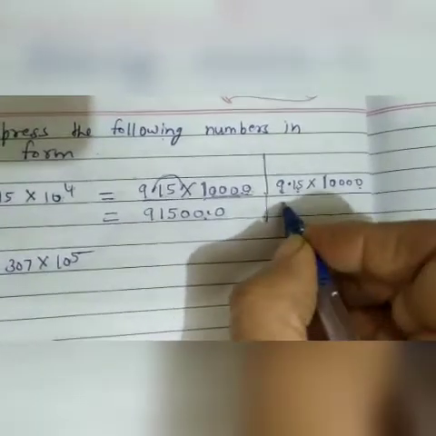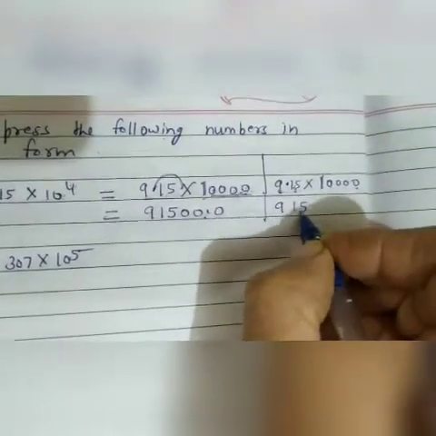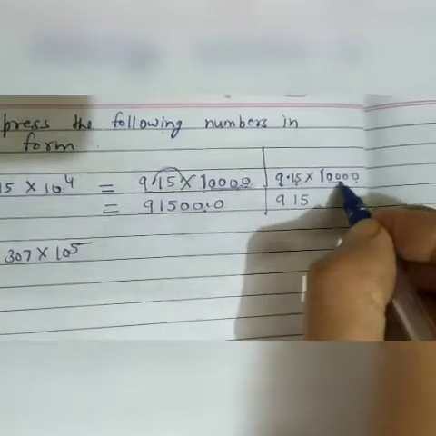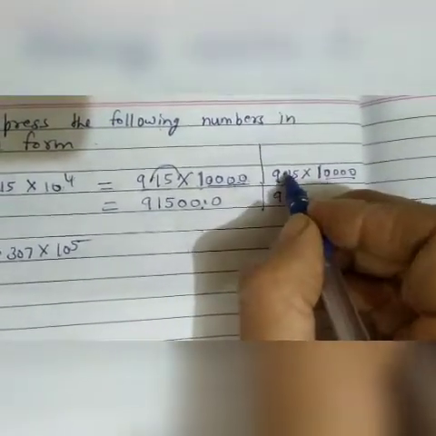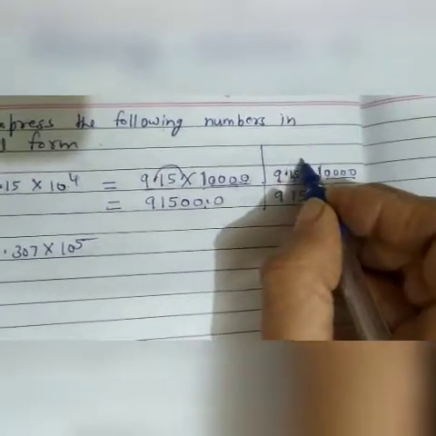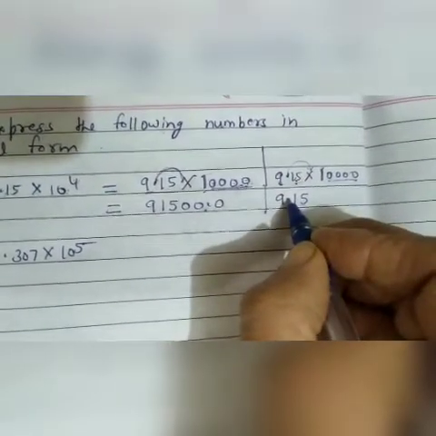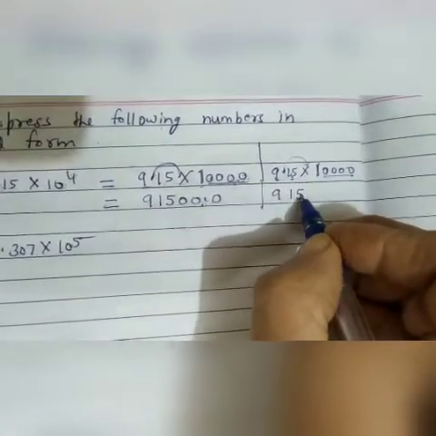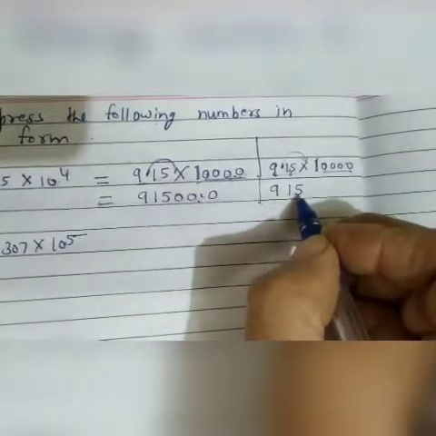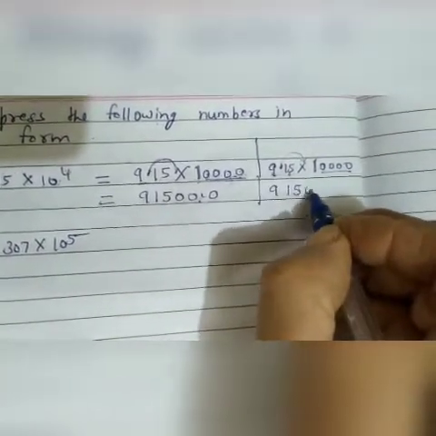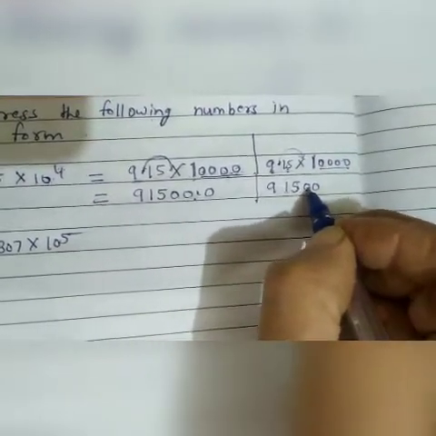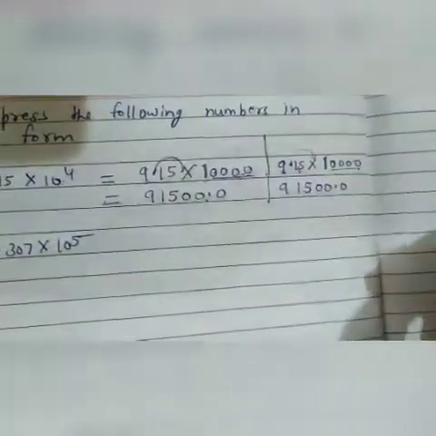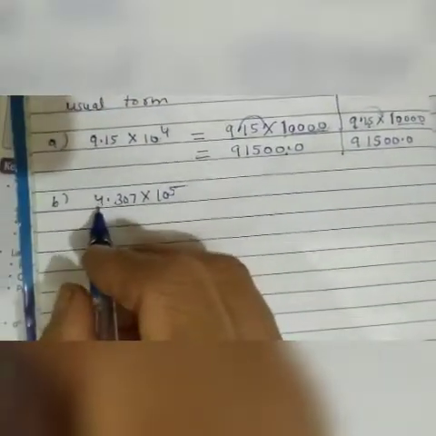So we will write this 915. Now how many zeros are here? Here are 4 zeros. So we will shift this decimal 4 places to the right side. The decimal was here. So 1, 2. 2 places are these, 2 digits are done, and 2 zeros we will add. Now it is 91500.0.